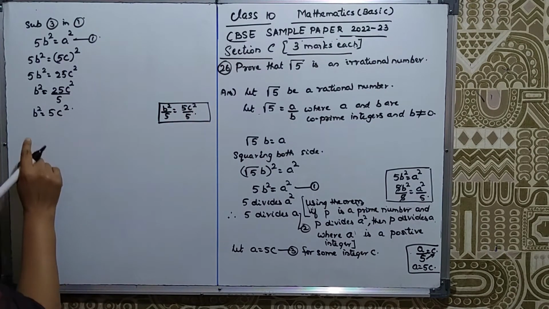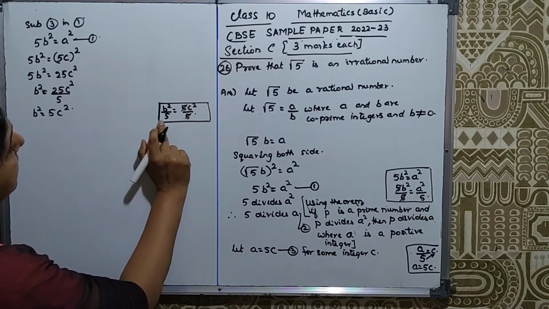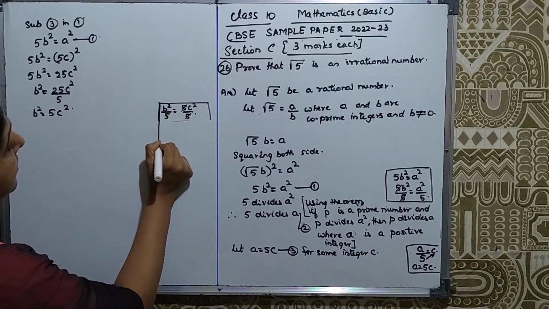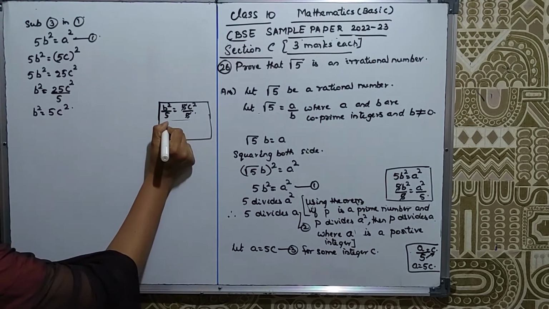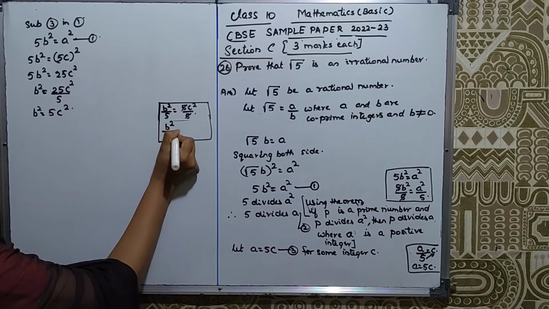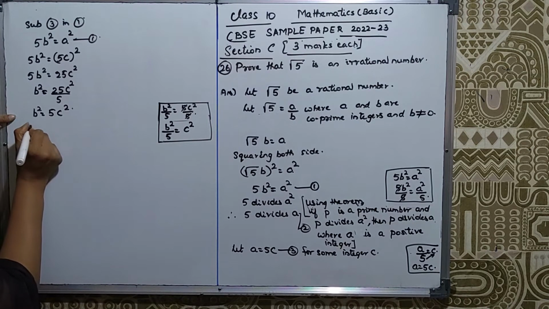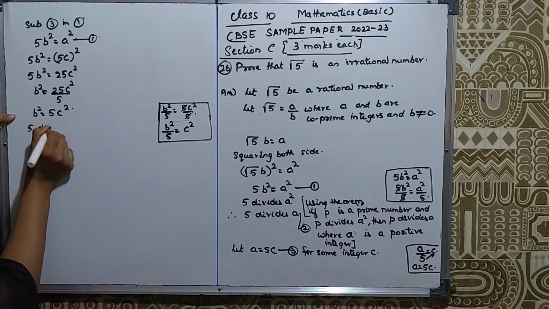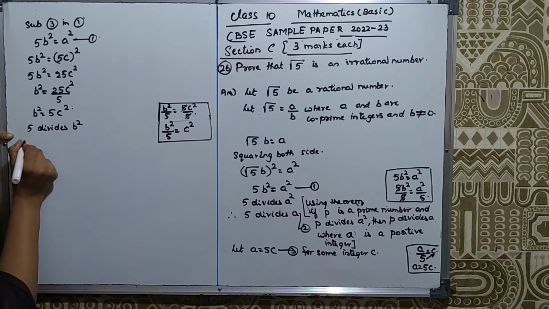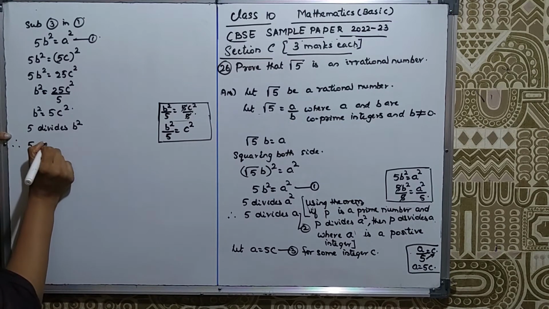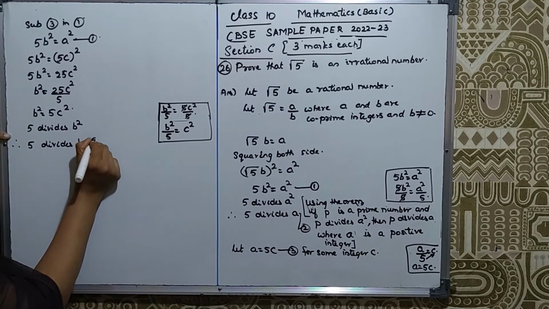Now 5 and 5 will be cancelled, so b squared by 5 equal to c squared. Now 5 is below b squared, so we'll write 5 divides b squared. If 5 divides b squared, then 5 divides b. I'll name it as equation number 4.